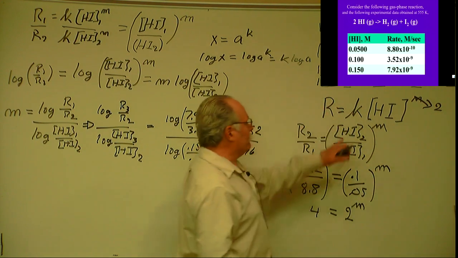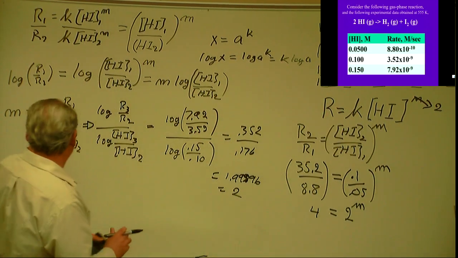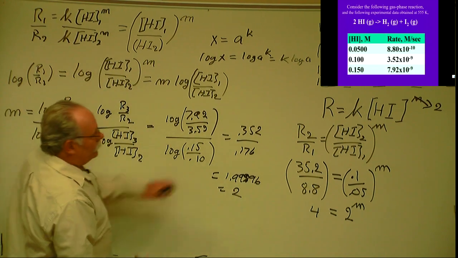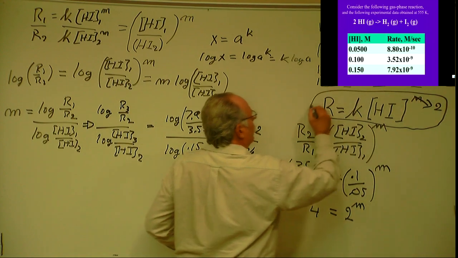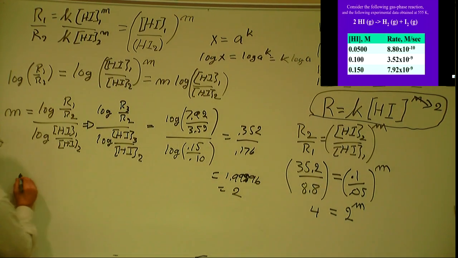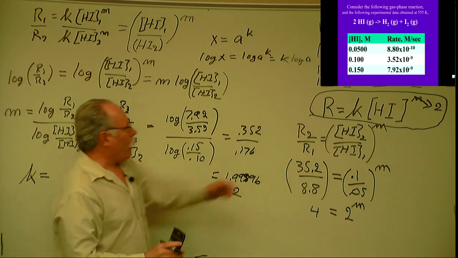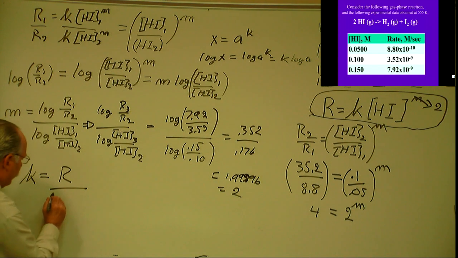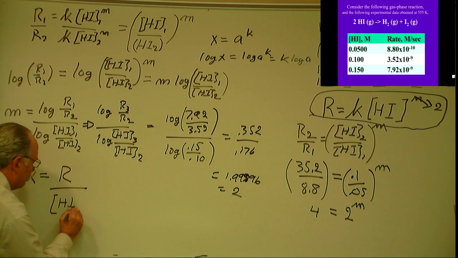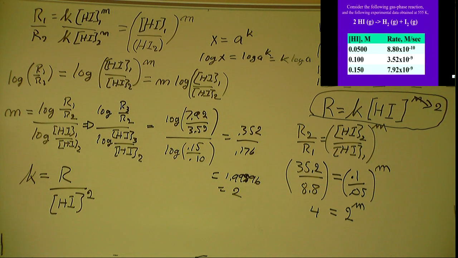I now need K. I pick an easy value. I can come back up to this equation here. And I can say K is equal to, I've got R on the numerator, and now I've got the HI concentration to the power of 2, because I know m.